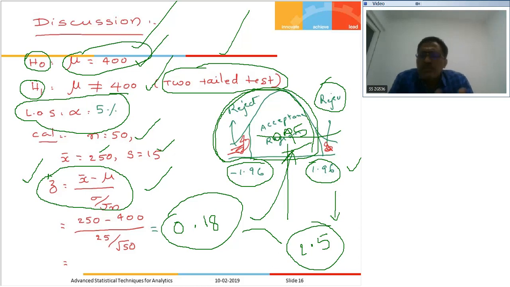Sometimes 10% error is also fine for me, then you can work with a 90% confidence level. If it is related to space or medical applications, generally we look for 99% confidence, then alpha is 1%. Like this, we need to fix it.